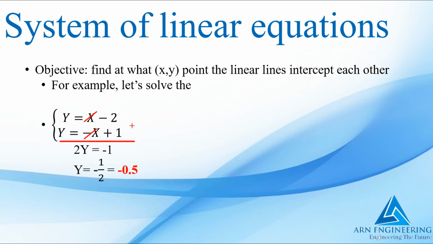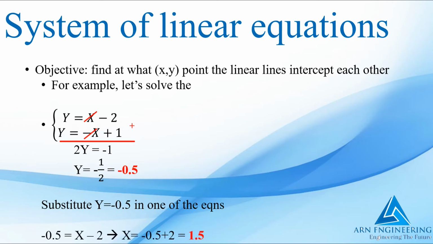We can easily solve this linear equation and find the value of y being -0.5. Now if we substitute the y value of negative 0.5 in one of the equations, in this case I've chosen the first equation, we can rearrange that and find the corresponding value for x being 1.5.